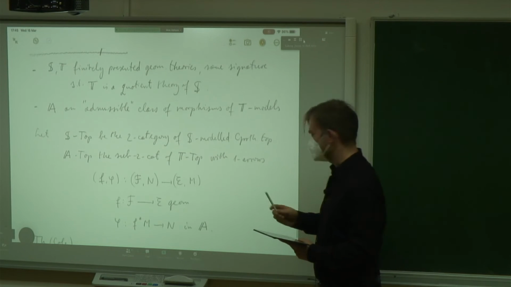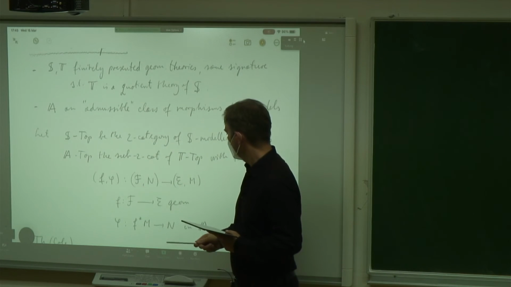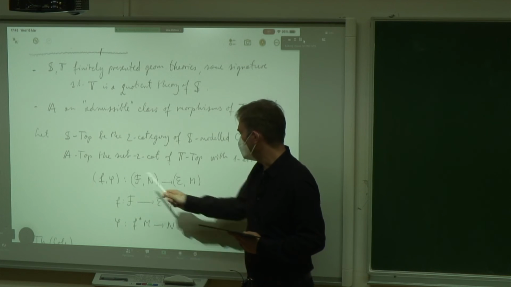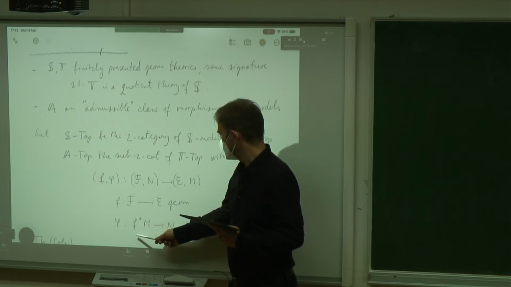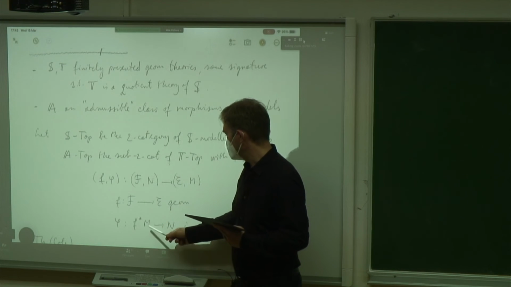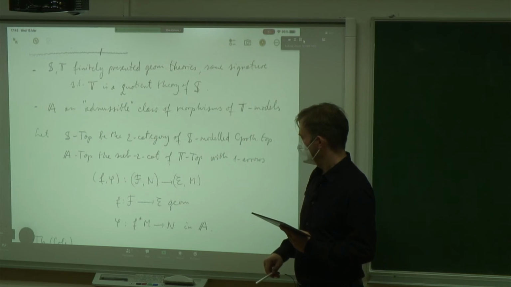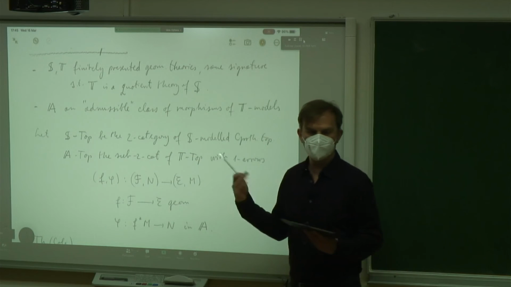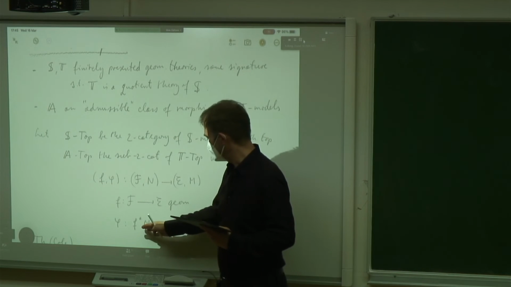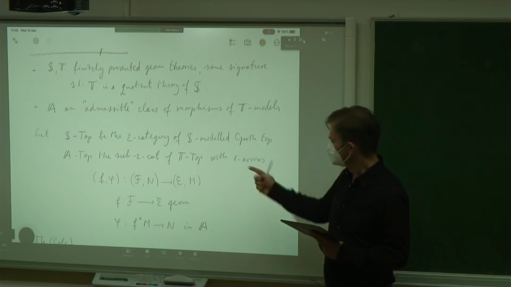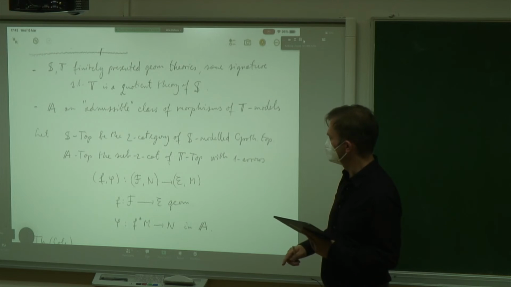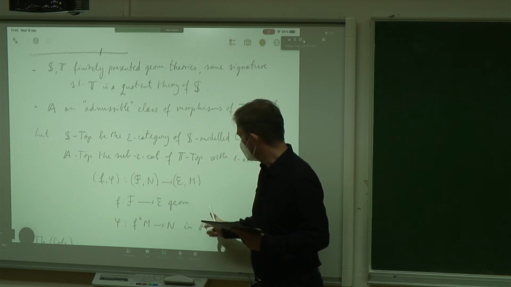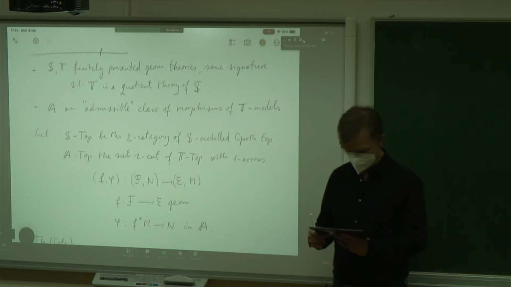So 1-arrows look like this: a pair consisting of a geometric morphism of the underlying toposes and an arrow from the pullback of M to N. Note, you can't really talk about an arrow from M to N because they live in different toposes, so you have to pull M into the same topos, and then this is an arrow in F, belonging to this admissible class.